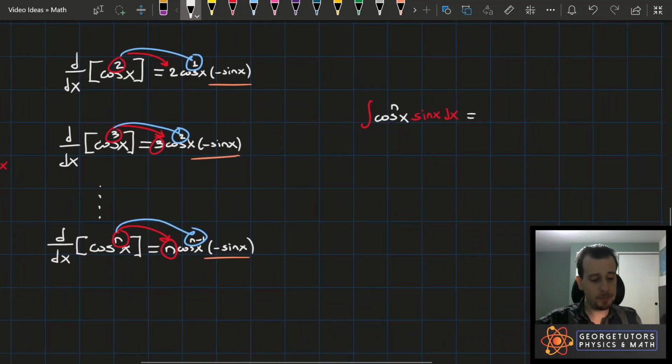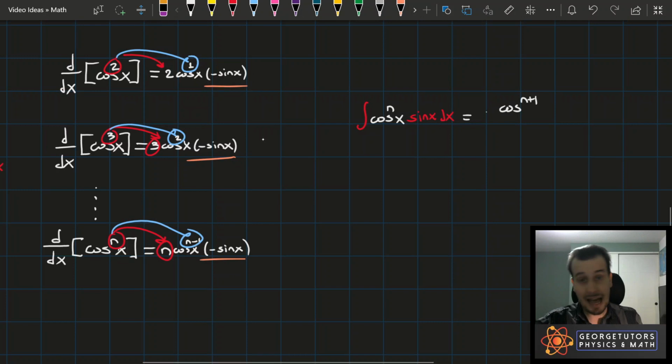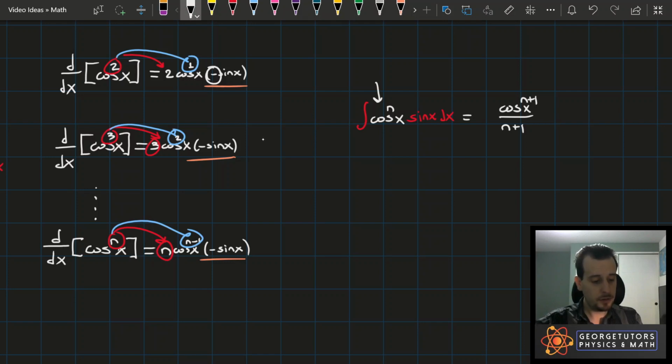Well, by simply taking my cosine, raising it by 1 power, I'm reversing the pattern that you see here basically, adding 1 power to the cosine, and then dividing by that new power. But because I did not have that negative that is present in all 3 of these examples, I don't have a negative here. I have to introduce it on my result, so I will have a negative there instead.